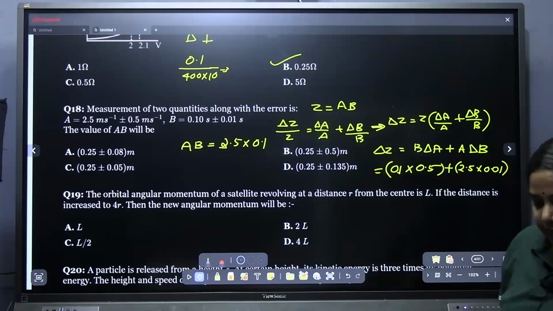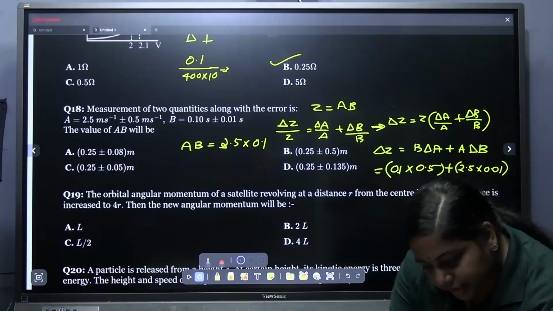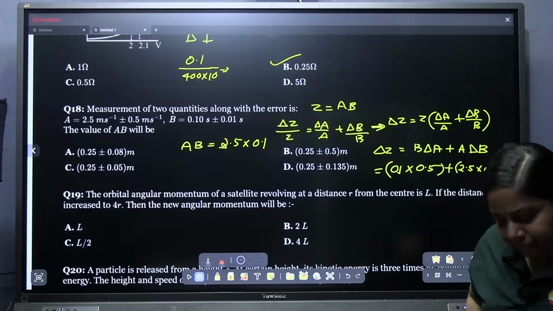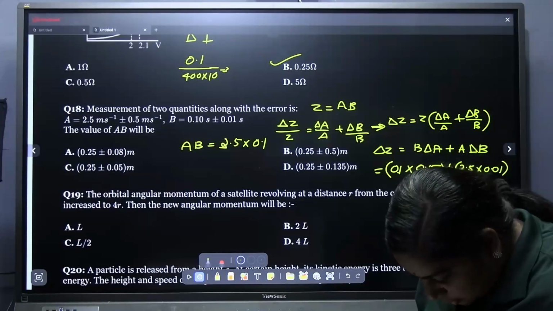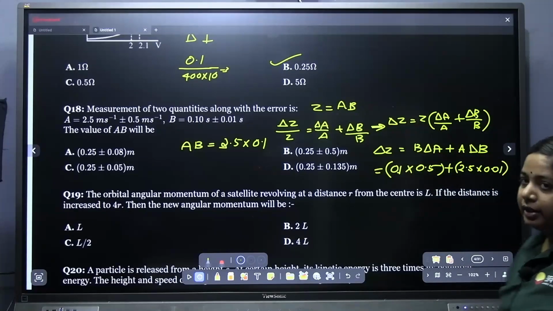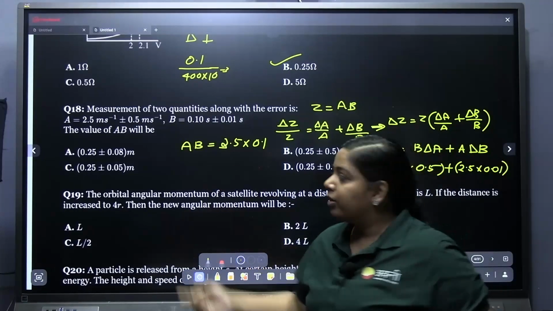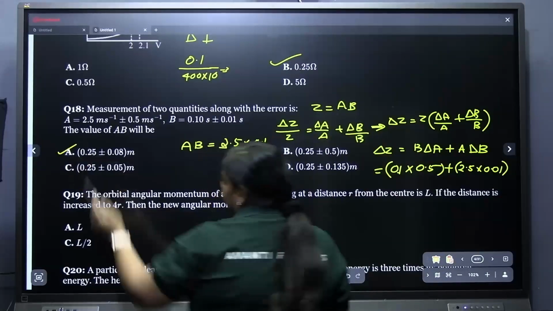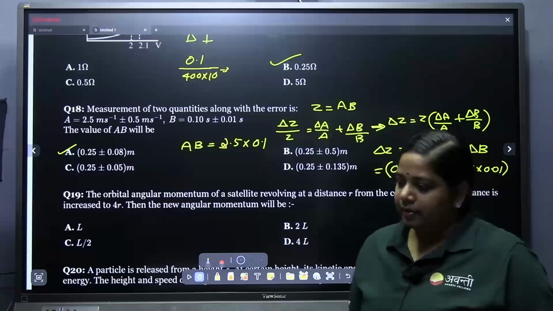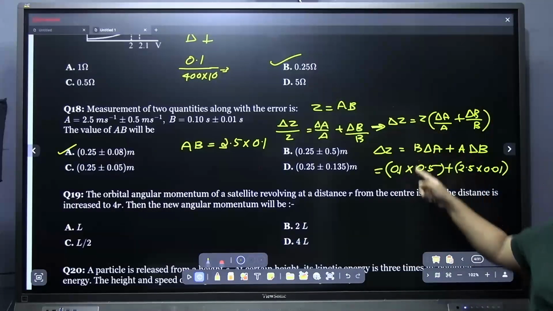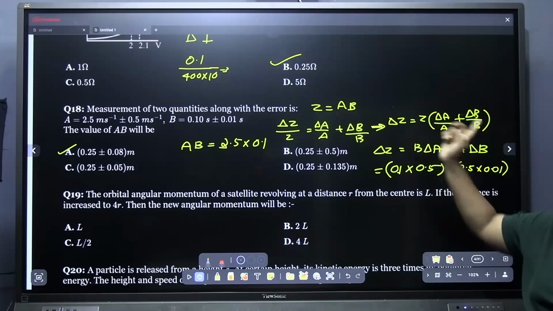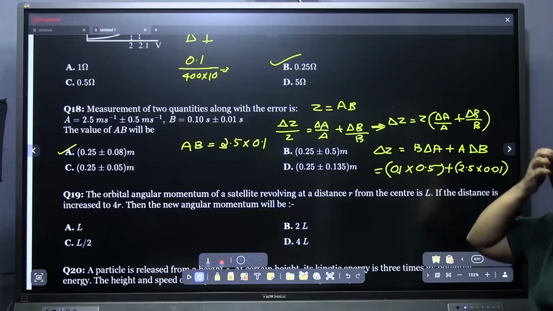This you will get as 0.075, but we have to round off to the minimum number of significant figures, no?